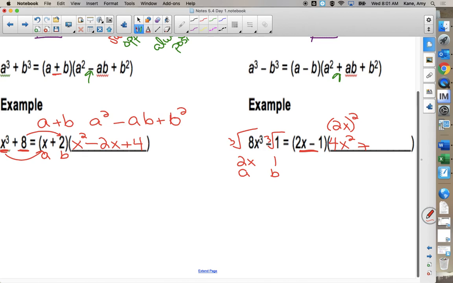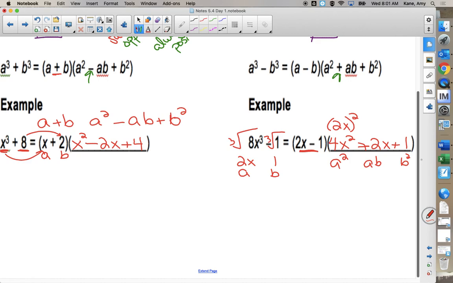And I need to take A times B. So 2x times 1 is just 2x. Always positive at the end. And then my last term is B squared. So again, A squared, AB, B squared.